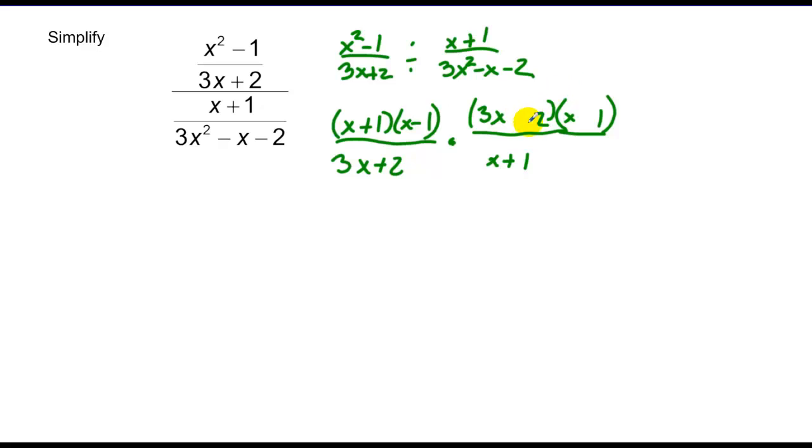Notice that if I need a negative, I better make this negative because that's a negative 3x, and this positive because that's a positive 2x. So now I look for my common factors, 1 here, here, and here. Notice what's left is 2 x minus 1 terms, so my answer will be x minus 1 squared.